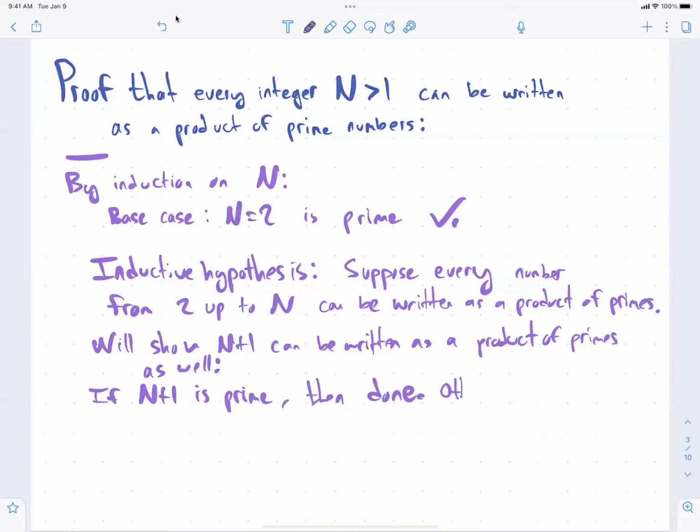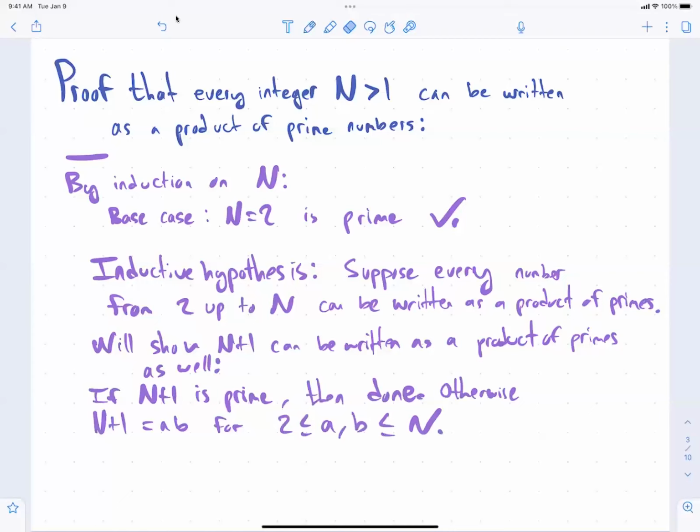Otherwise, n plus 1 is equal to a times b for 2 less than or equal to a and b less than or equal to n.